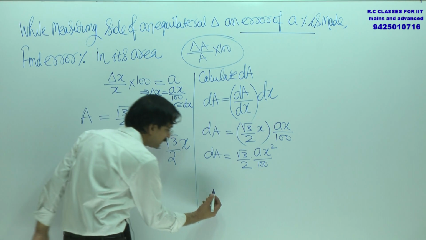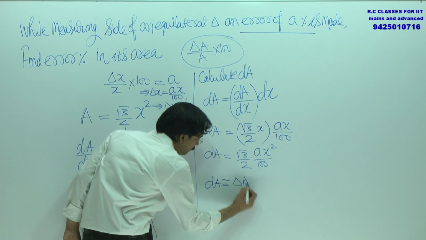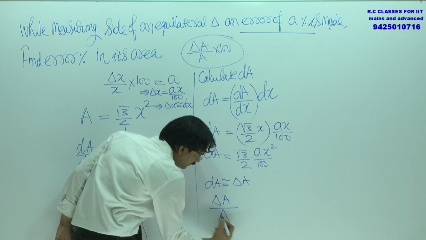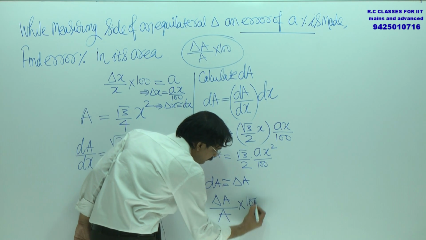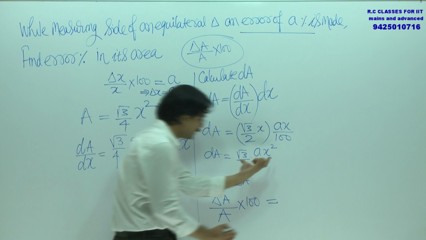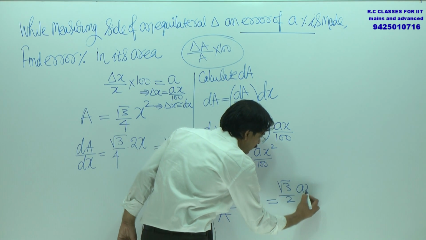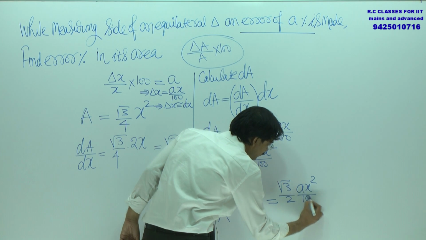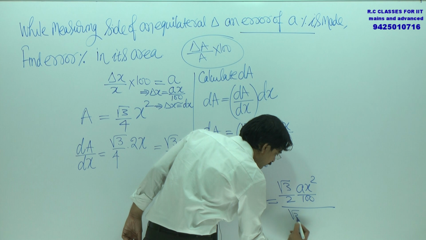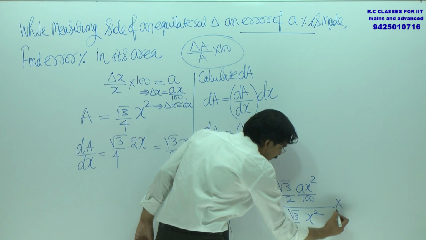So to calculate percentage error, the dA is clearly equivalent to delta A. So we want delta A divided by A into 100. That is the percentage error in the area. So delta A is this value, root 3 by 2 x square by 100, that's what we have calculated there, upon area, root 3 by 4 into x square into 100.